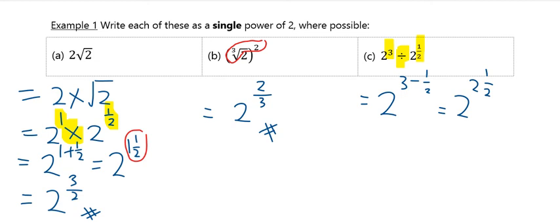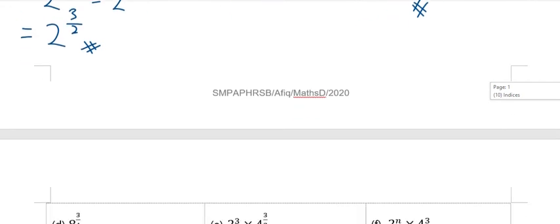And like I said previously in part A, I will change this into a mixed number, so it will become 2 power 5 out of 2. So that's for the first 3 examples. Now let's move on to the next page.